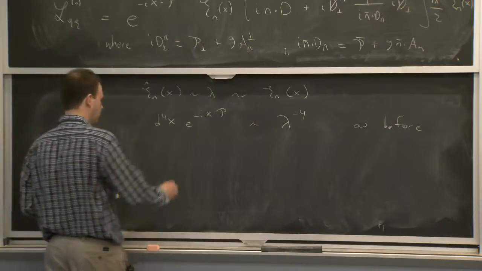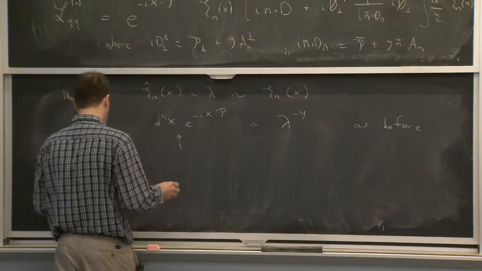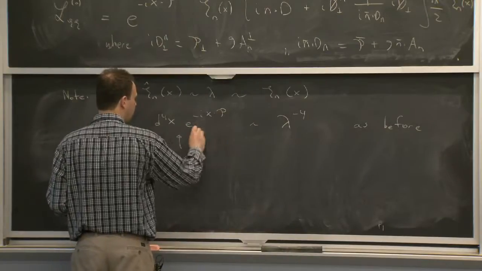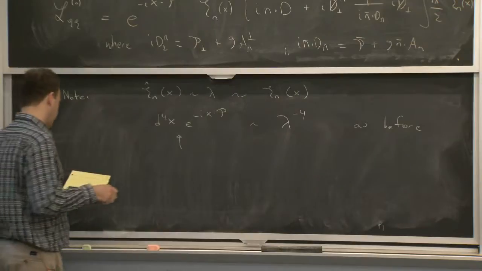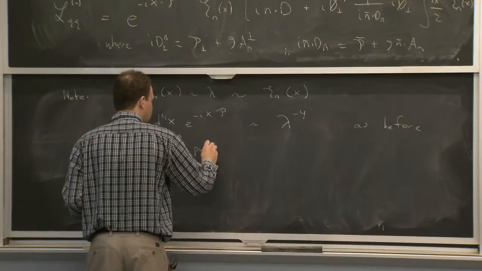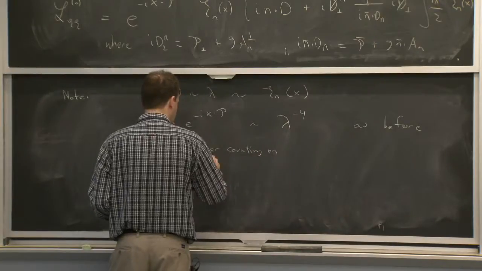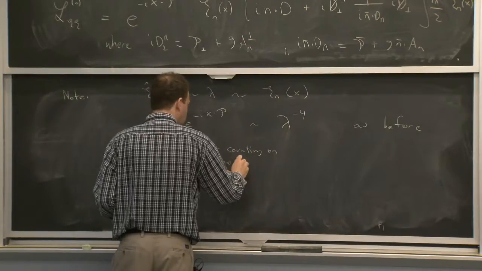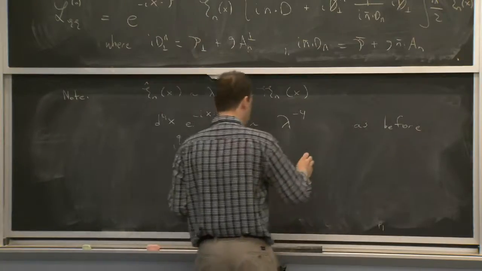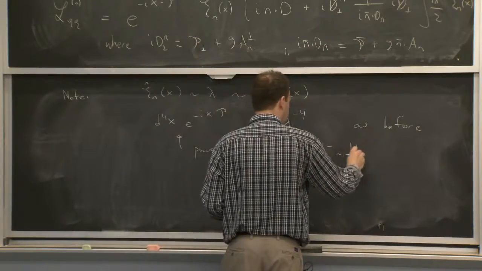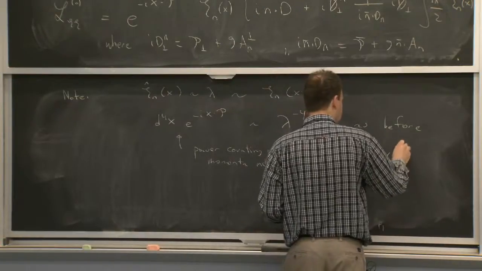OK, so what's going on here, which I didn't really spell out, but I can spell out now, is since this phase is order 1, the power counting for momenta induces a power counting on the x. And it's the larger momentum that dominates, so x minus scales like 1 over p plus, x plus.